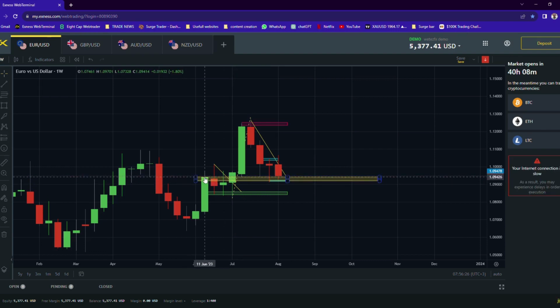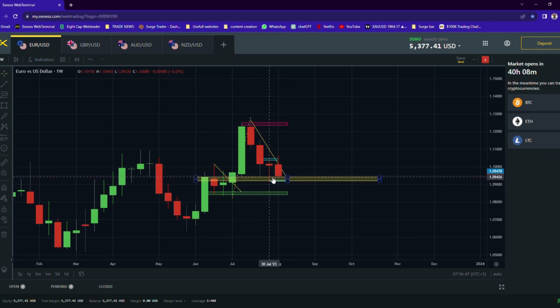So this was a level around 1.094, and now the price is testing the same resistance, and we have seen a rejection in the previous week, and the week before that we've seen a rejection of this zone, and this week the price just stopped into the exact same zone.